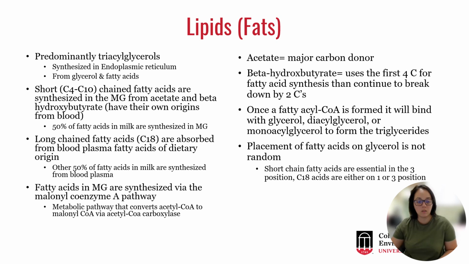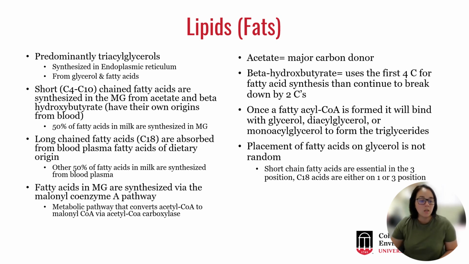So based on the nutrition that the cow has, is where those fatty acids are going to go into the bloodstream and then they will be absorbed from there. And so that makes up the other 50% of the fatty acids in milk.